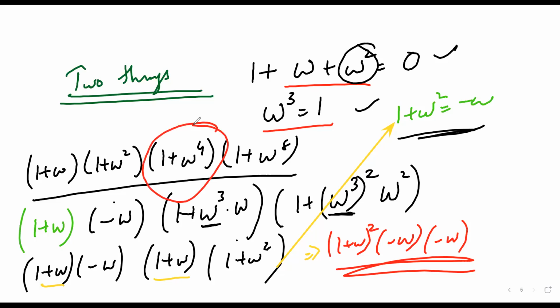Can we substitute something for (1 plus omega) power 4? 1 plus omega I can substitute as what? Minus omega square. Correct. (1 plus omega) power 4, what can I substitute? This is same as what? 1 plus omega only, right? Correct. (1 plus omega) power 4 is same as 1 plus omega only. And what is (1 plus omega) power 8?